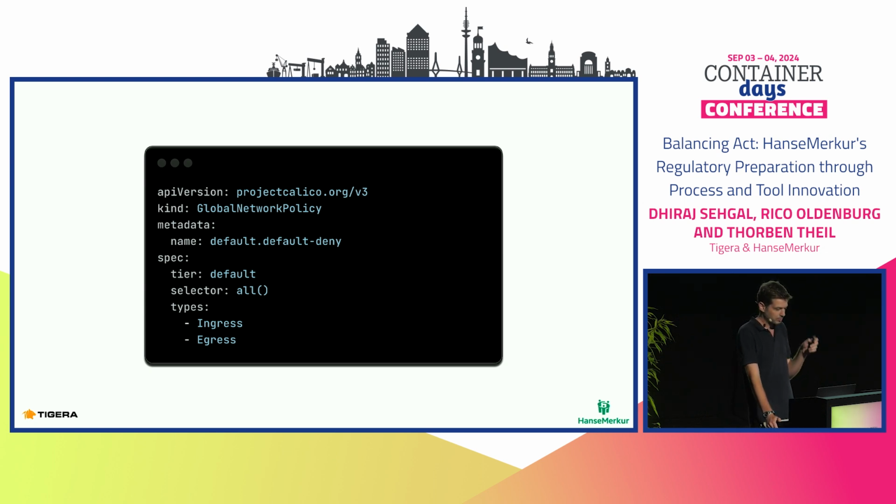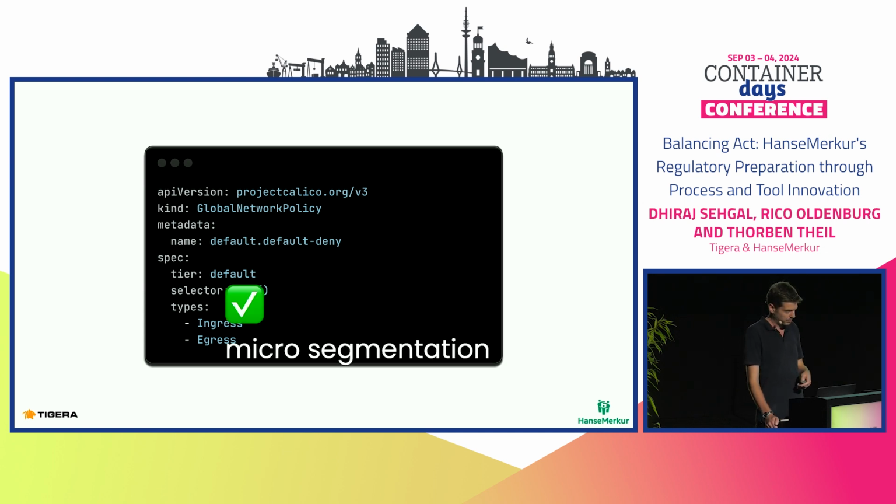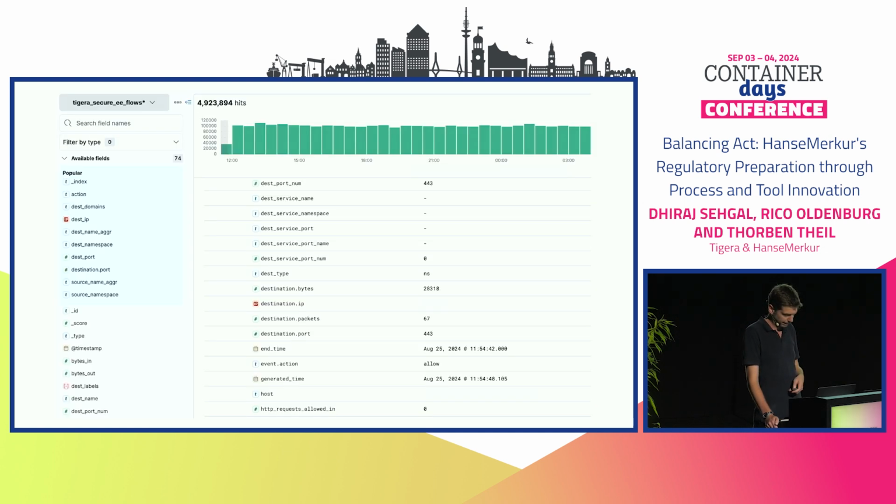What I would also recommend is a Calico feature called staged network policy. You can create every network policy as a staged network policy, and that means that it only previews network behavior without enforcing anything. And that's also pretty cool. Yeah, microsegmentation, check.